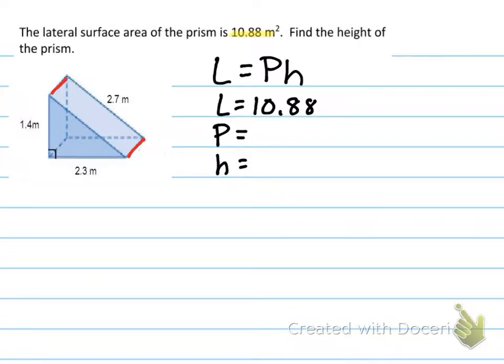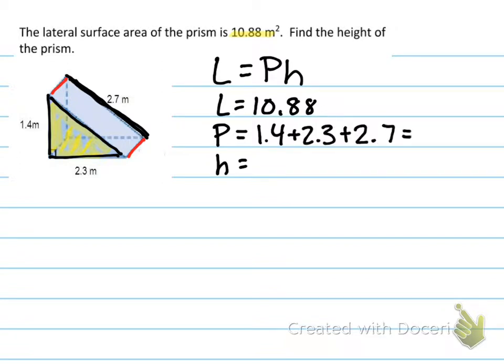For the perimeter of the base, we can use our drawing. I have the 1.4 and the 2.3, but this 2.7 is not part of the triangle. But this line is the same as this line, so that's my third side. If I add 1.4 plus 2.3 plus 2.7, that's 6.4.